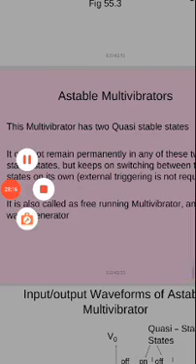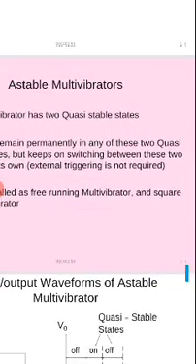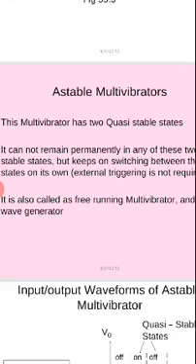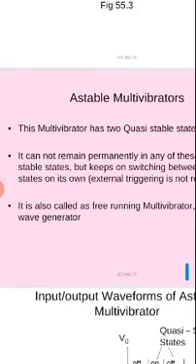Astable multivibrator. This multivibrator has two quasi-stable states.